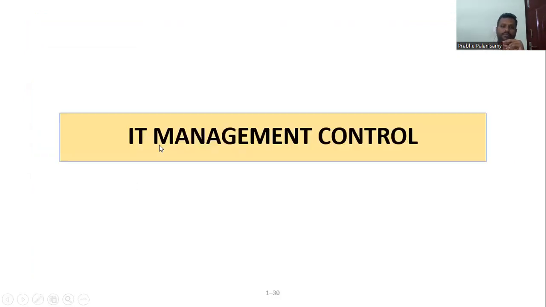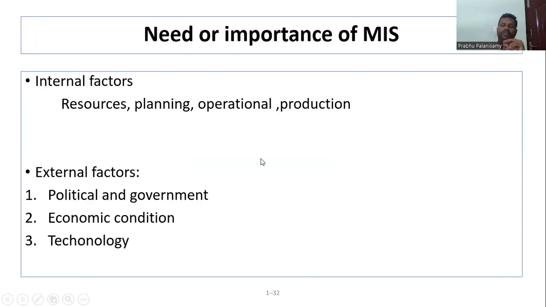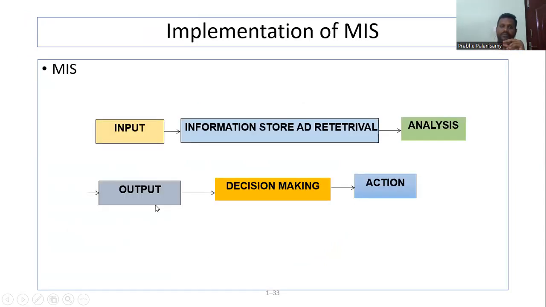IT in management controls. This is decision making for various functional areas, business resources. MIS, that is management information system, needs hardware, software, data, and people. These are the four things required. Internal factors are resources, planning, operations, and production. External factors are political governance, economic conditions, and technology.